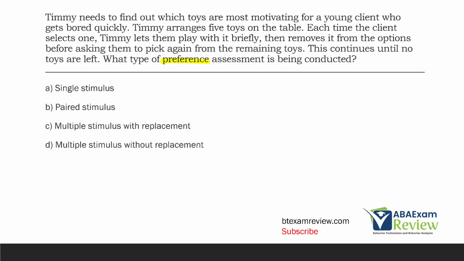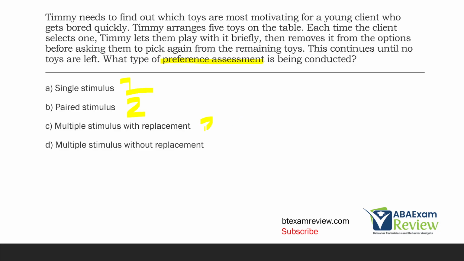So starting with the preference assessment question, and it's very straightforward. Now, when you're attacking a preference assessment question, the first most important thing is how many items are we assessing? If it's 1, it's typically single stimulus. If it's 2, it's typically paired or forced choice.